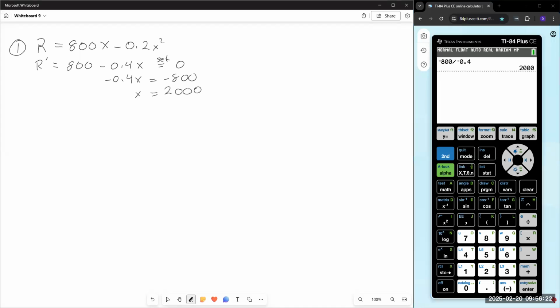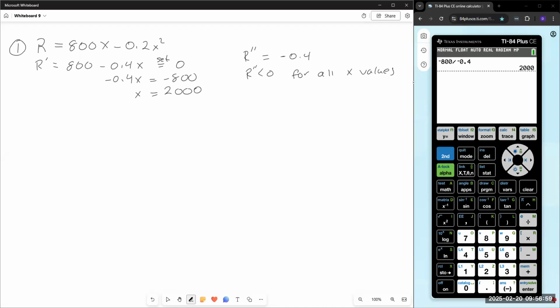So our question asks us, find the number of units x that maximizes the revenue. And we just found that. If we want to prove that that's a maximum, we should find the second derivative here, which is going to be negative 0.4. So it's going to be R double prime. It's going to be negative for all x values.